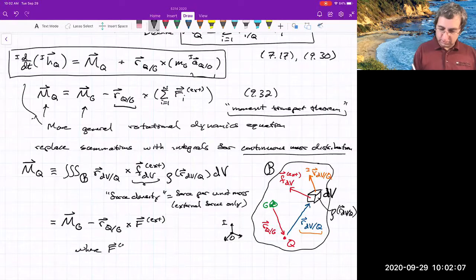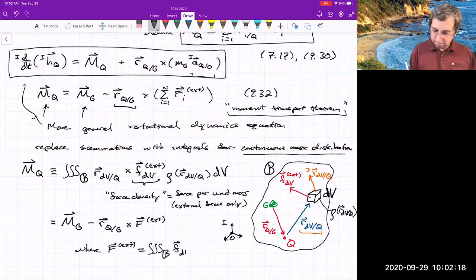So the total external force is just an integral over the body, this force density times the mass density dV.